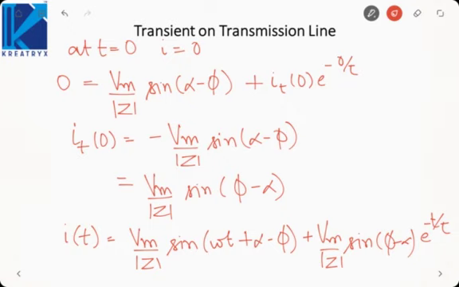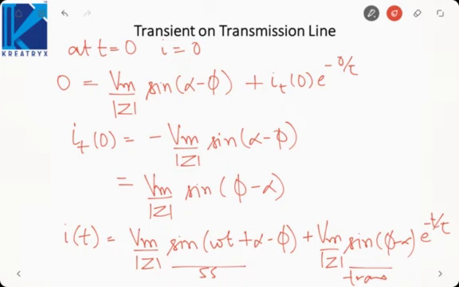Okay, this will be the total current flowing in the system. Now this will be your steady state component and this will be your transient component. Okay, there are two components in the current. So this will be the case for the fault occurrence at t equal to 0.